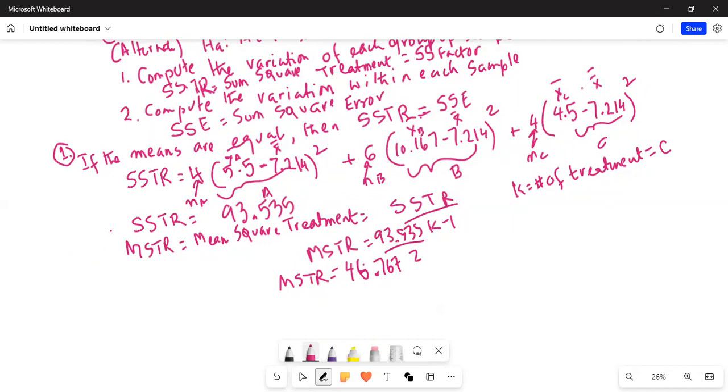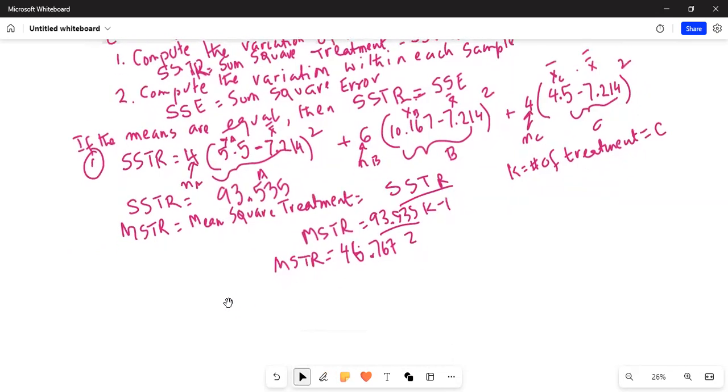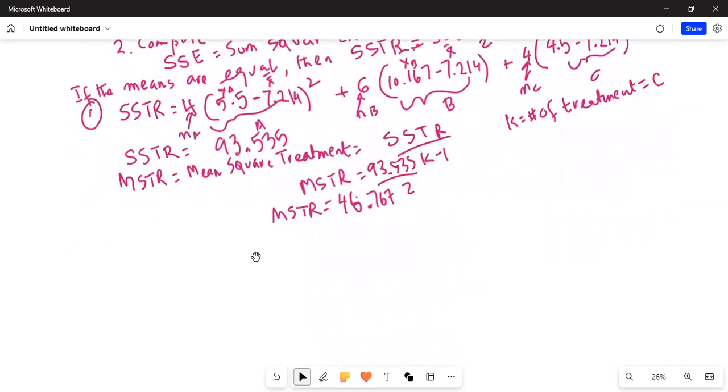Sorry, this should be over here. So if I erase this and bring it back over here. So now we are going to do the calculation for sum square error.